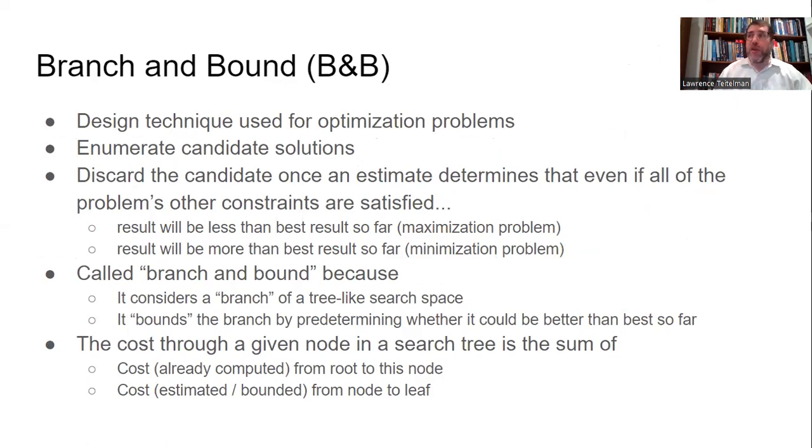In branch and bound, we try to be smarter about it. We look ahead and we say, what is the best that we could do? Which gives us the best possibilities, and we're going to use that approach, all right? So we basically look at the cost of what we've done so far, plus an estimated cost for what we are still going to do.